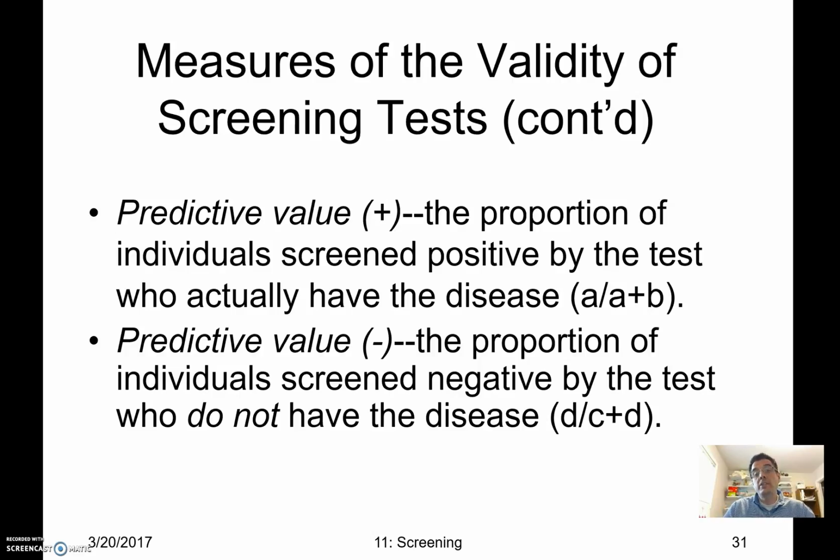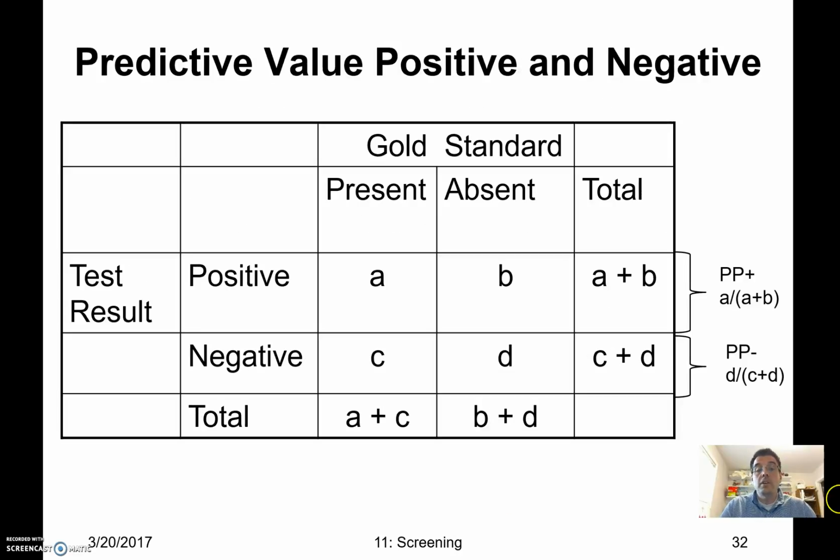So we're trying to determine, is this particular screening test valid? As in, is it sensitive? Is it specific? Do we have predictive value positive and do we have predictive value negative? You can see here with this 2x2 table that our predictive value positive is A, the screening test positive who actually do have the disease, divided by all the ones that the screening test says are positive.